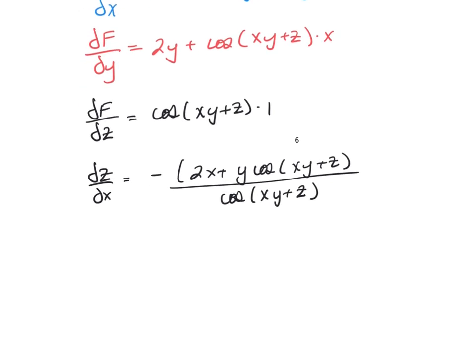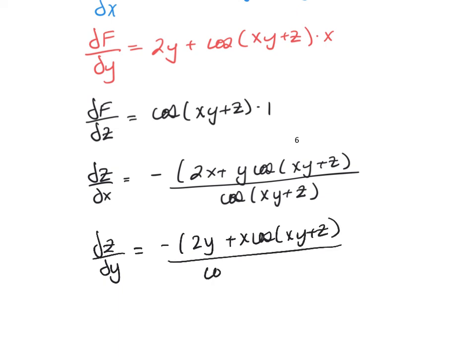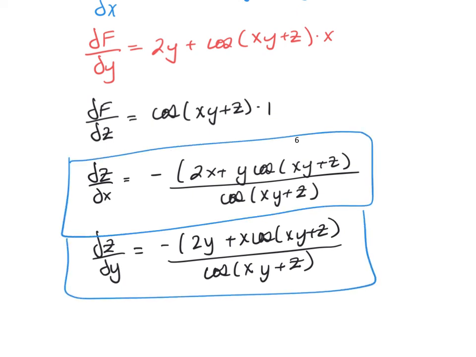Could I distribute that? Sure. Am I going to? Nope. And then my partial derivative of z with respect to y is going to be negative 2y plus the cosine, don't forget that x, xy plus z, divided by the cosine of xy plus z. And those, bam, and boom shakalaka are my answers. And that's it.